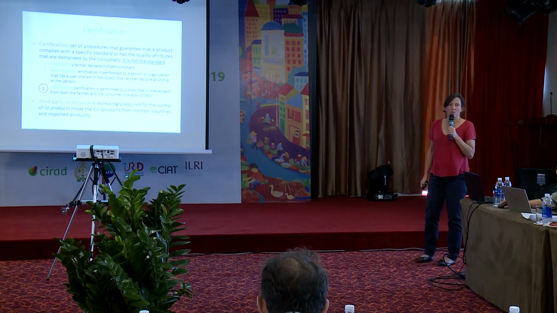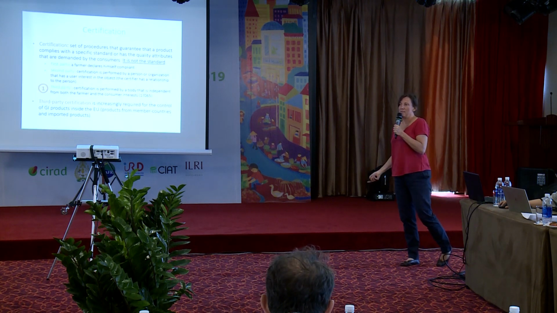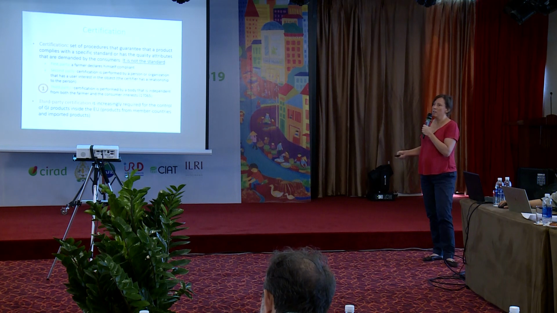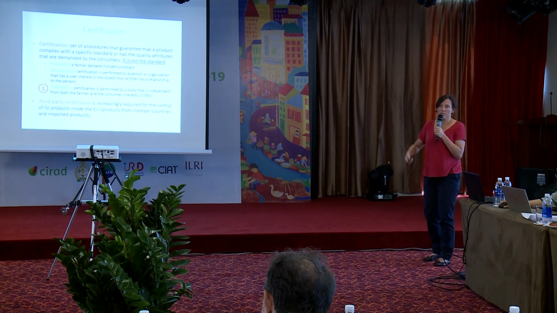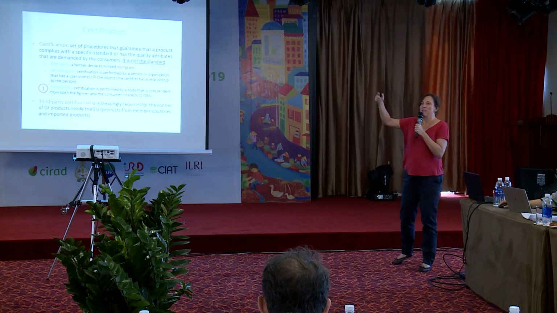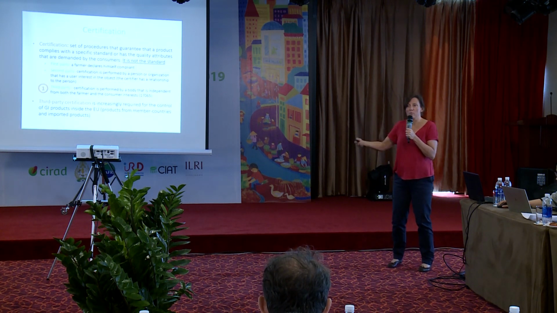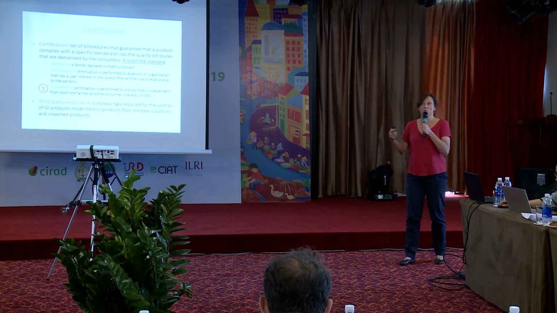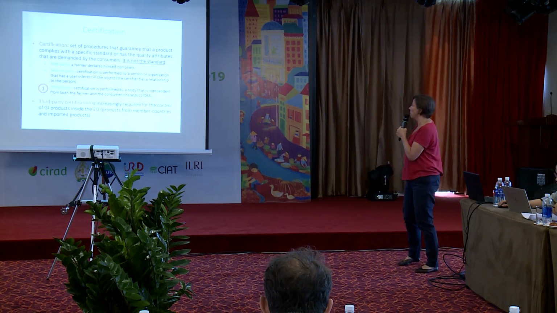And third party certification is where you have an independent entity that is independent from both the farmer and the consumer. And usually they are accredited, which is yet another stage. Accredited means that an external organization says that they can perform their controls because they have the qualifications, they are objective, there's no conflict of interest, they're independent.